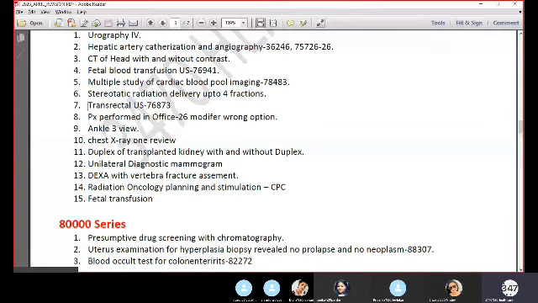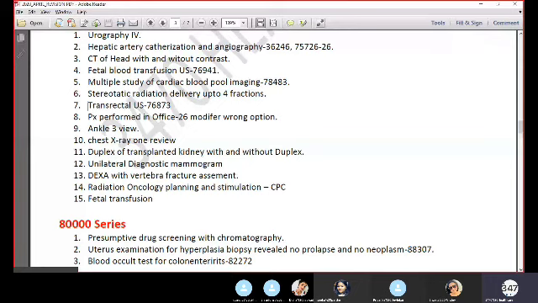We are paying for the cost of the equipment we are using, right? For that purpose we are paying the cost of the equipment or technician billing, or facility or hospital billing. So we are not billing the provider, we are billing the facility, hospital, technician. Then we need to add modifier TC.